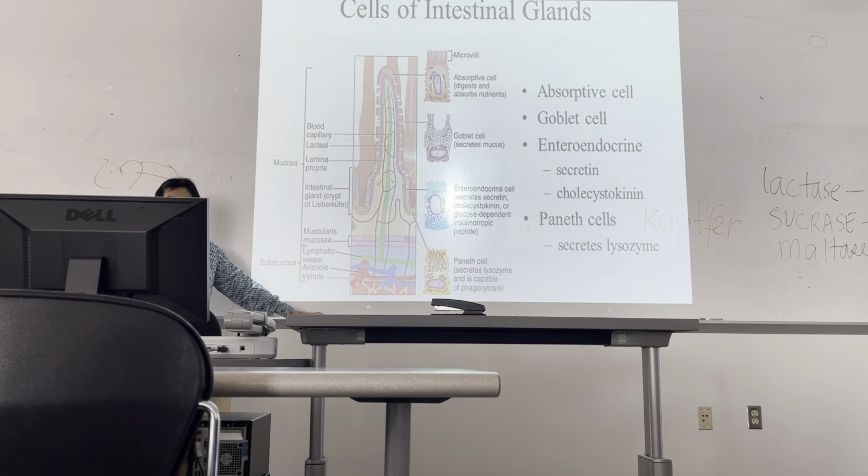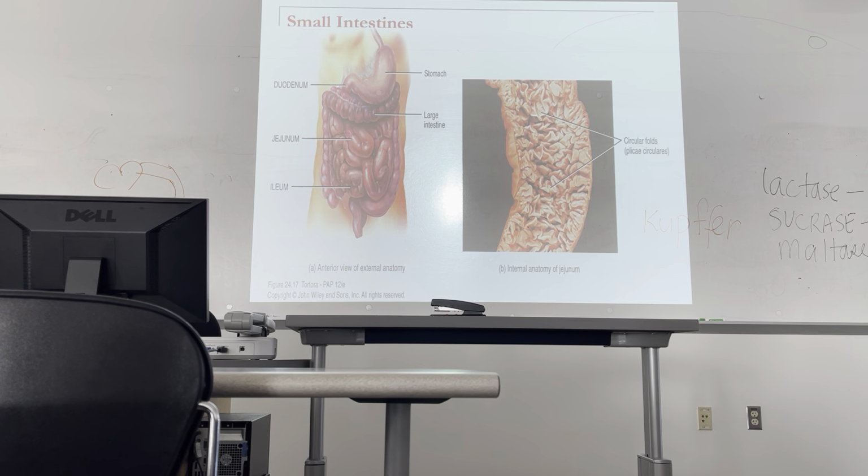So if you look at the story of your small intestines, we just go here first. We just summarize the story. In the duodenum of the small intestine, this is where there is mixing between the pancreatic enzymes and the bile. There's mixing right here, meaning chemical digestion is very active there.